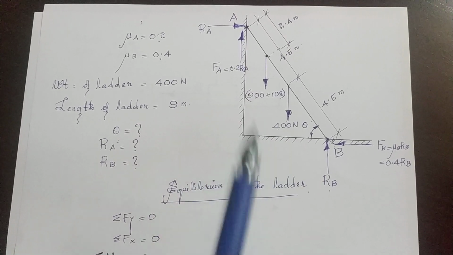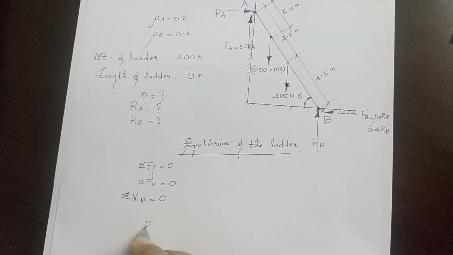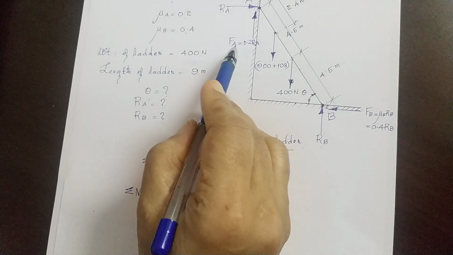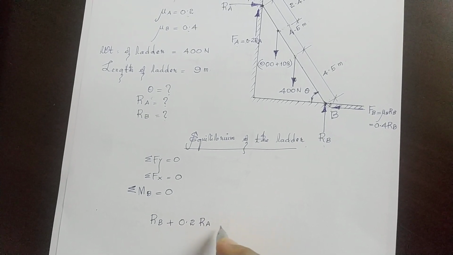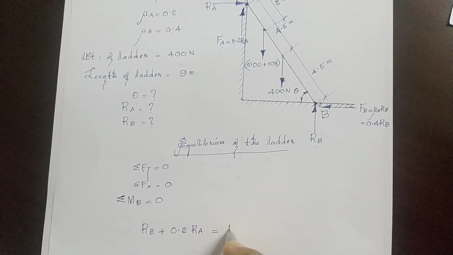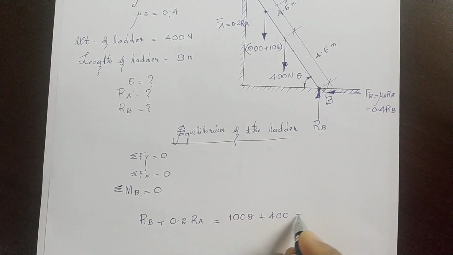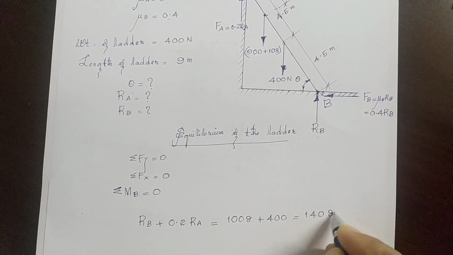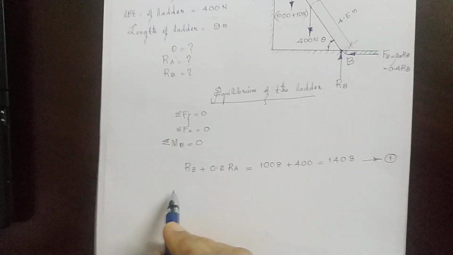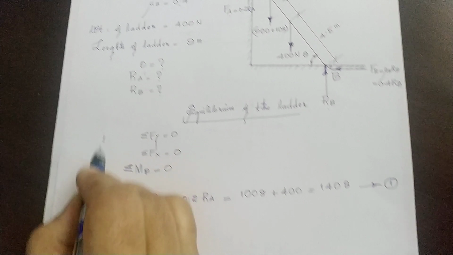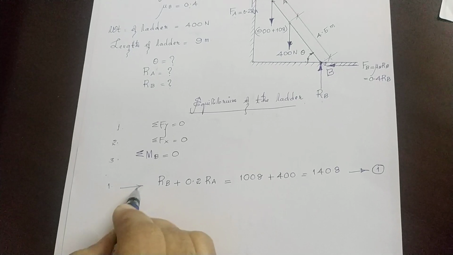So you can say that RB plus, instead of FA I can write 0.2 RA, RB plus 0.2 RA is equal to 1008 plus 400 is equal to 1408. That is your first equation, sigma Fy is equal to 0.